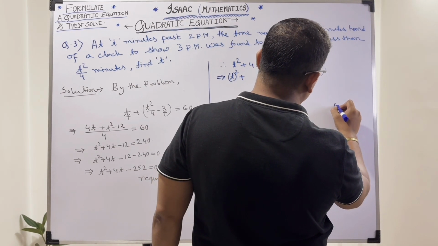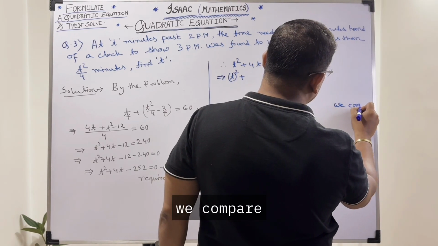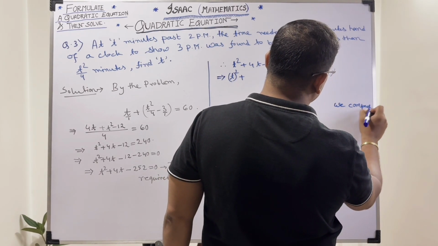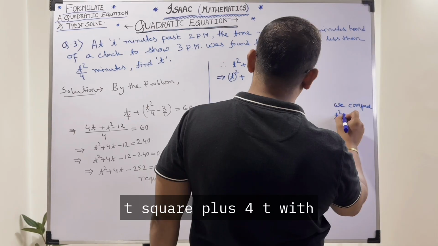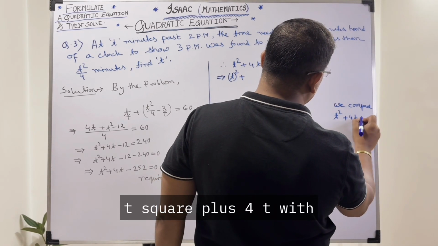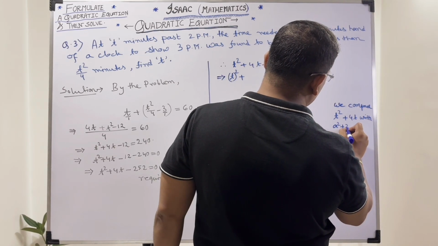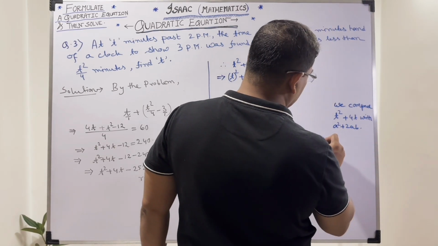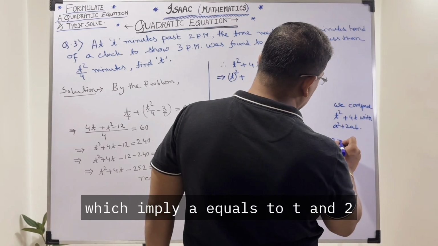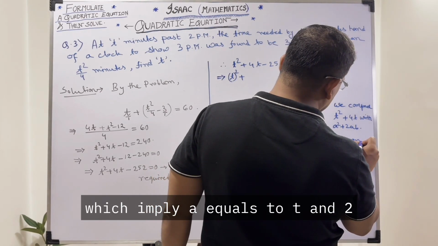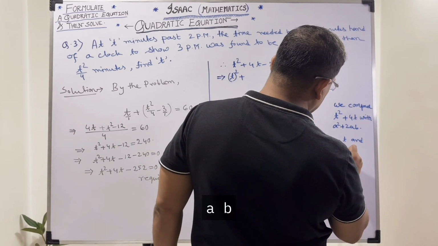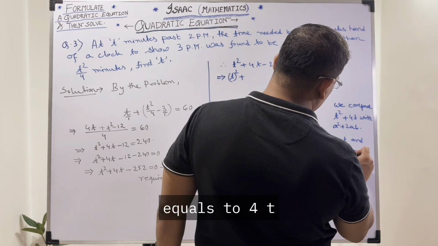So that is why we compare t squared plus 40 with a square plus 2ab, which implies a equals to t and 2ab equals to 40.